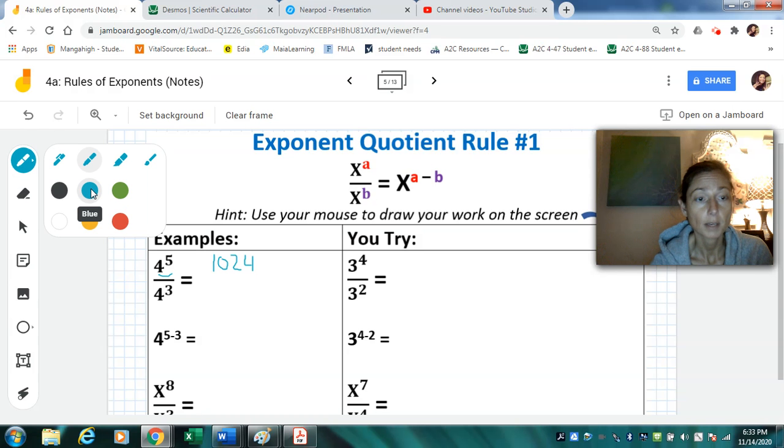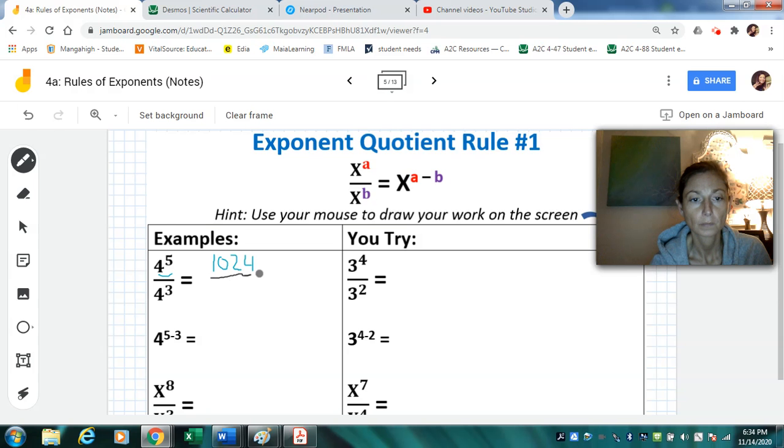Now, on the bottom here, I have 4 cubed. So in both cases, I'm starting with a 4. So 4 cubed, 4 times 4 times 4, which is 64.